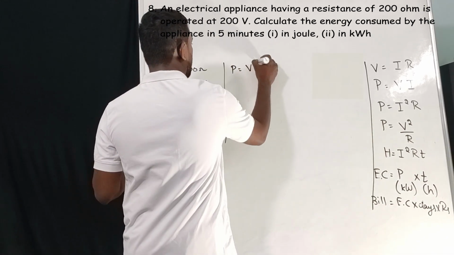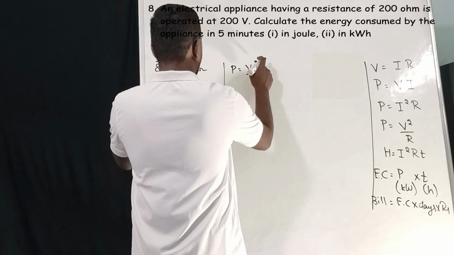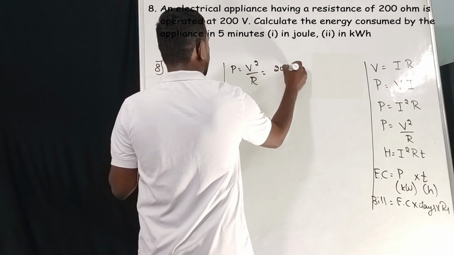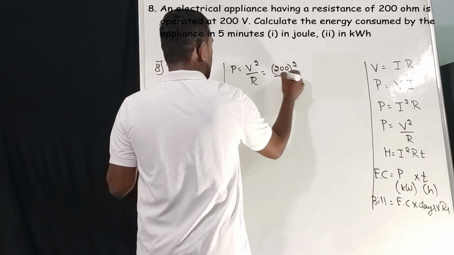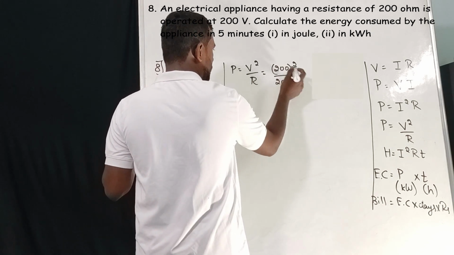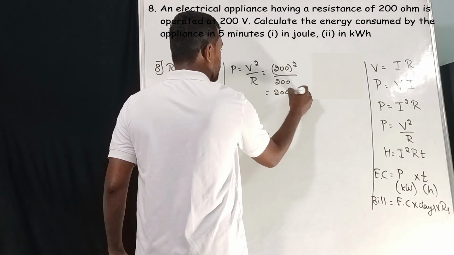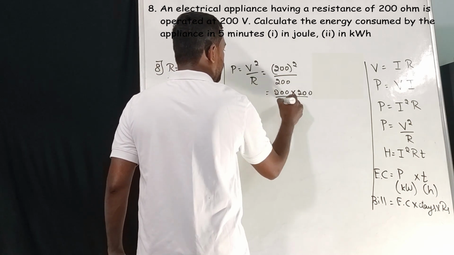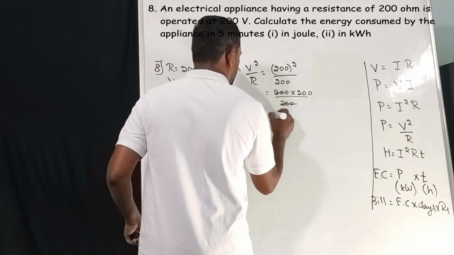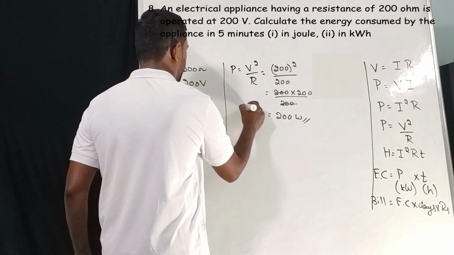So here P = V square by R. V is 200, so 200 square by R, that is 200. So one 200 will go off. 200 square will be 200 into 200 divided by 200. So power is equal to 200, that is nothing but 200 watt.